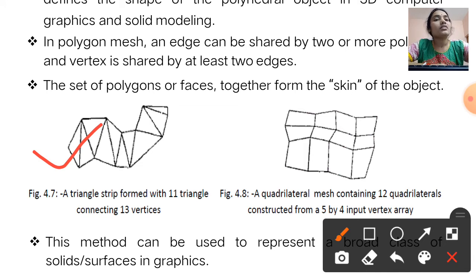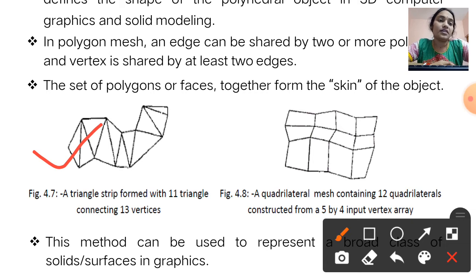The 11 triangle strips are connected through 13 vertices. You can also count: 13 vertices are there and 11 triangle strips are there. This one is your triangle form. And the quadrilateral form or quadrilateral mesh contains 12 quadrilaterals that can be constructed from a 5 by 4 input vertex array.